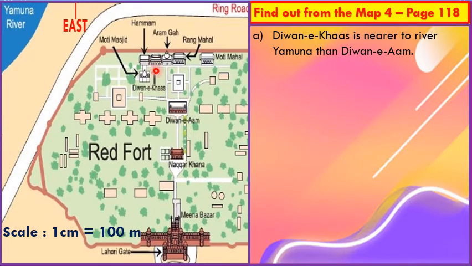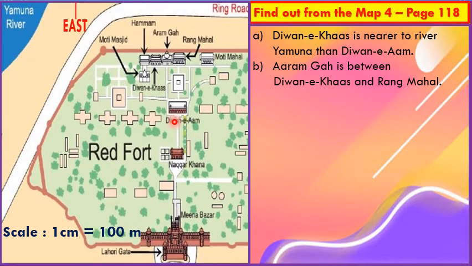Answer is Diwan-e-Khas is nearer to river Yamuna than Diwan-e-Am. Second one, between which two buildings is Aramgah? Answer, Aramgah is between Diwan-e-Khas and Rang Mahal.